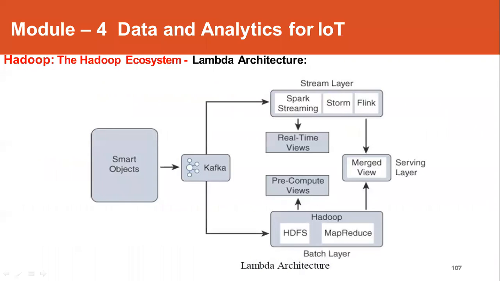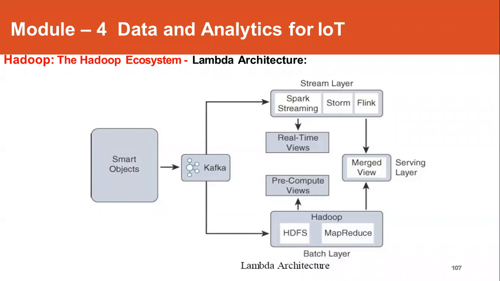So this is the Lambda architecture. Here you can observe that the IoT smart objects will generate the data, and this data is published to a message broker in the Hadoop ecosystem, that is Kafka, which will in turn segregate the data into real-time data that is in motion or data that has to be stored.